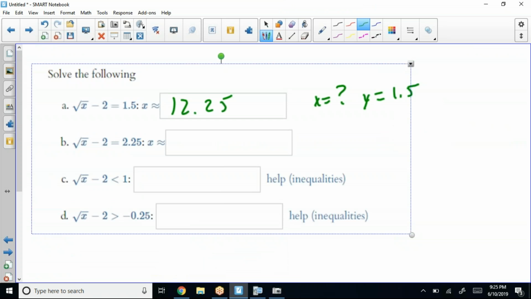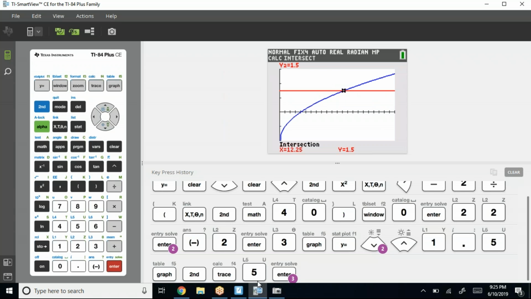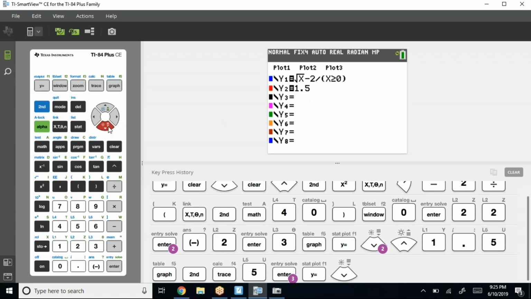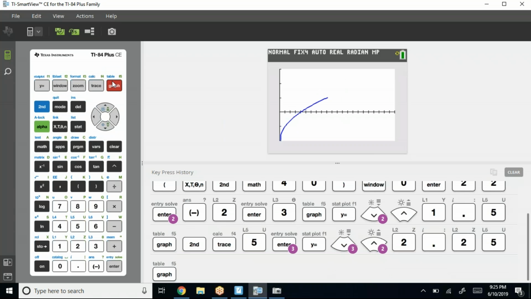So on this one, we're going to say what is x when y equals 2.25. So again, we'll take our calculators and go y equals 2.25. And then we'll hit graph.